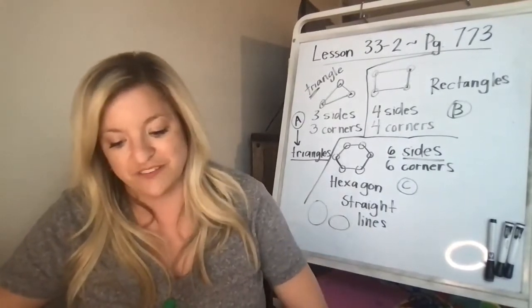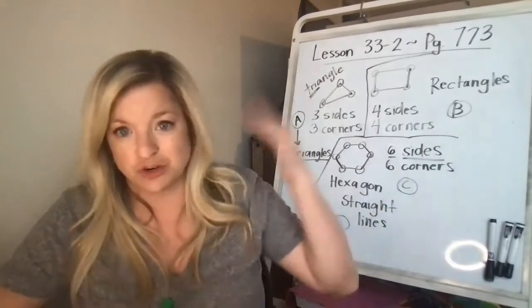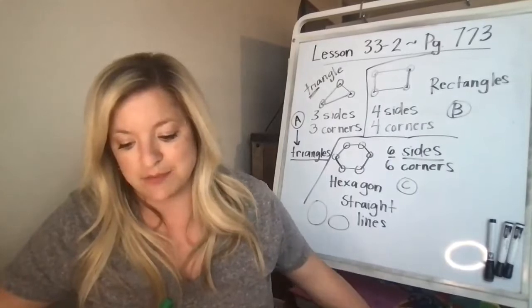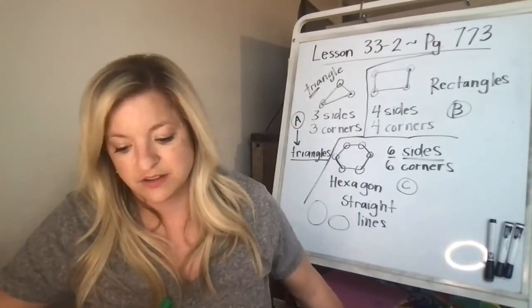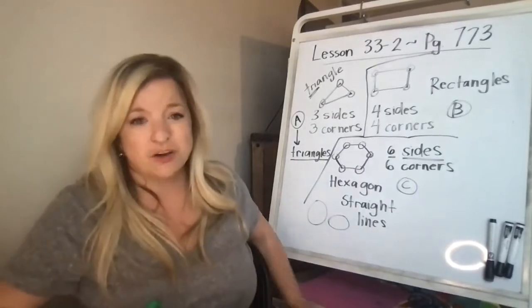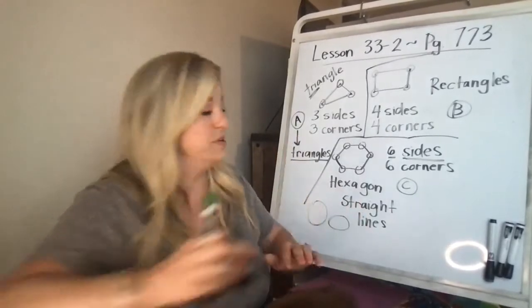So on page 775, we're going to jump down to number 2, and it says, why can shapes that have the same name look different? Okay. So because they all could be different sizes and the angles could be different sizes too.